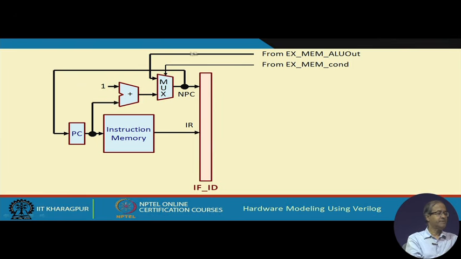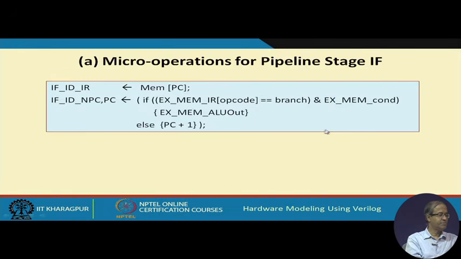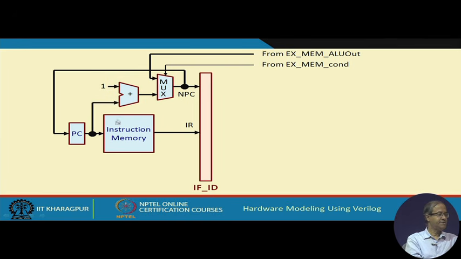So, you are just calculating the NPC accordingly, and after calculating NPC, that same value also goes to PC. You see, PC and NPC both are getting the same values. Else PC plus 1, if cond is not true, then the lower input will be selected from the multiplexer, that is PC plus 1, and that will go back to PC.